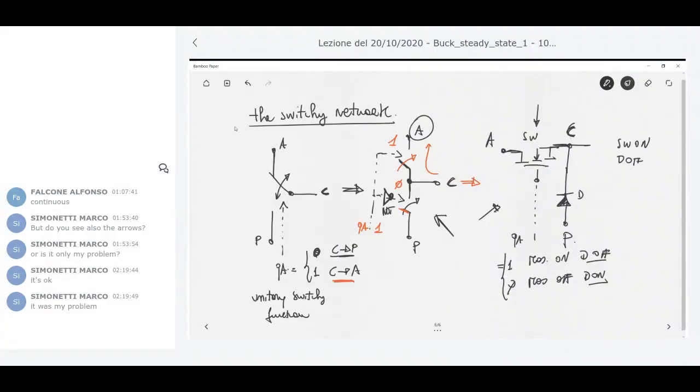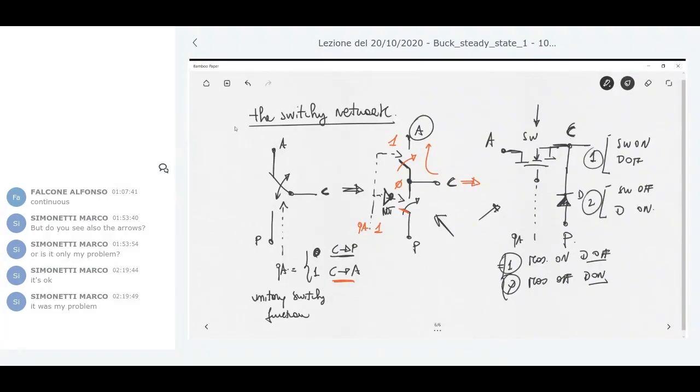This is situation one, and is obtained by the unitary switching function, which is 1. Then you can have a second situation in which the switch is off and the diode is on. The second situation I already discussed here.